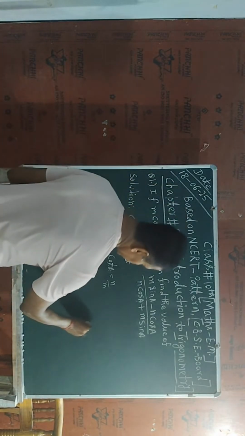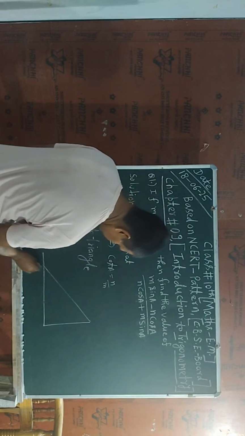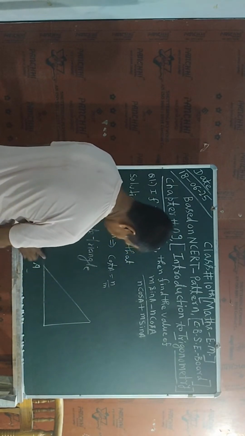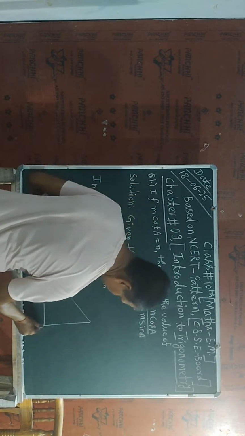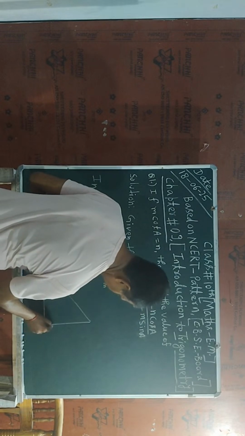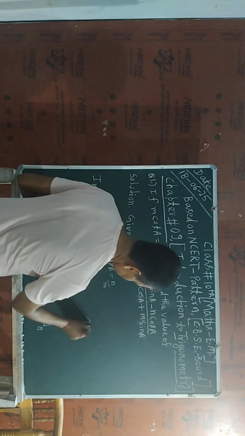Here I am making one right angle triangle. This vertex is A and this vertex will be B, with the right angle of 90 degree at B, because the AB line is perpendicular to the BC line.